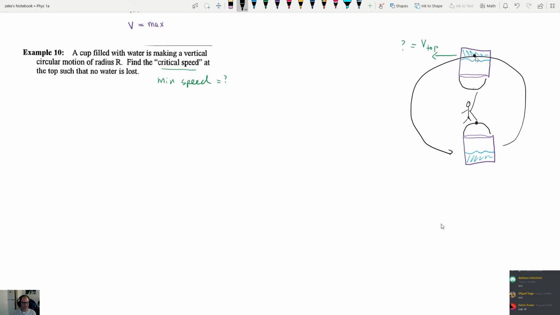So we're just going to draw forces acting on this, just like we normally do. What kind of forces would the water experience here when it's at the top? Gravity, that's a weight, right? So it's going to have some weight that's going to go this way. What other forces is it going to feel? A normal force? What direction is the normal force from the bucket going to point?